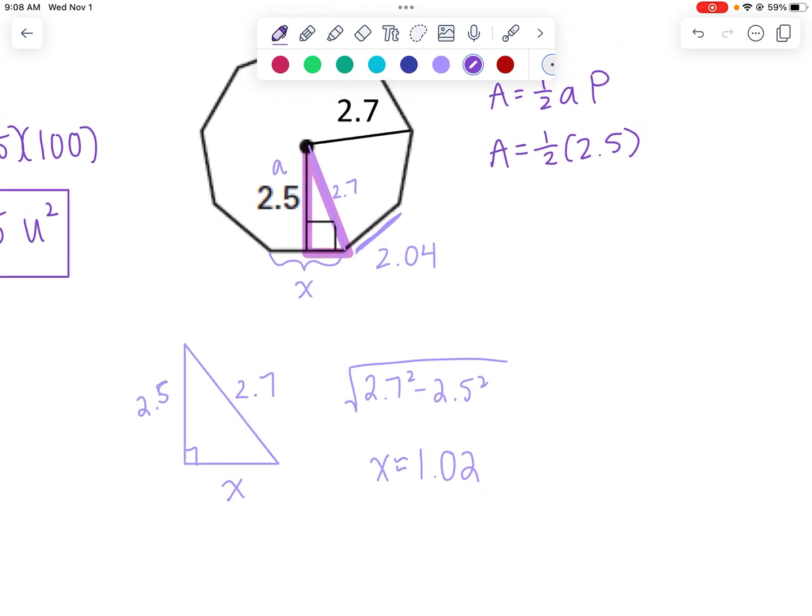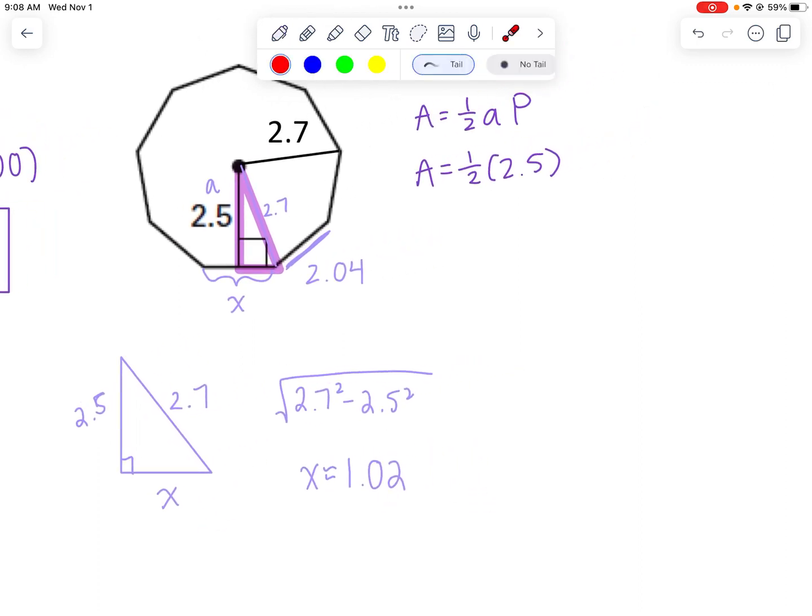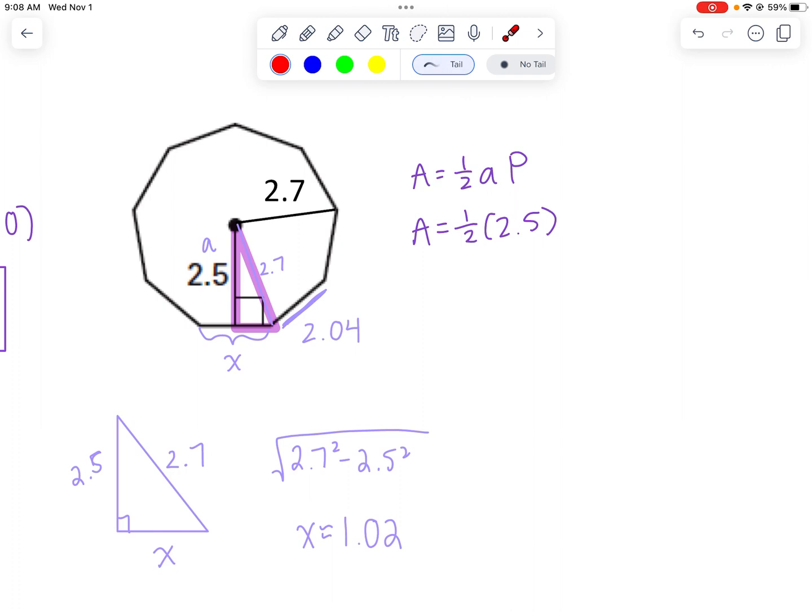And once you have that, then you can use that to get to the perimeter. If you count all your sides, 1, 2, 3, 4, 5, 6, 7, 8, 9, this is a nonagon. So 2.04 times 9 would make the perimeter 18.36. And then from there, you can just go to the calculator and type it in. And you get that the area is 22.95 units squared.